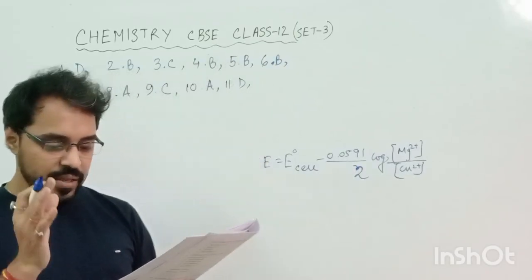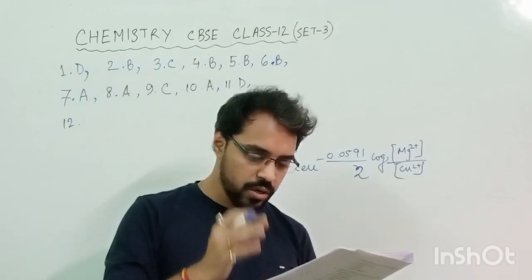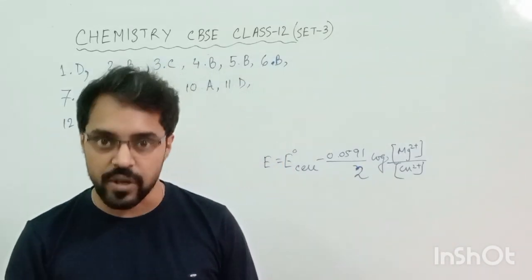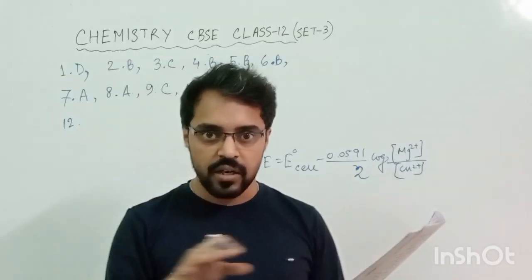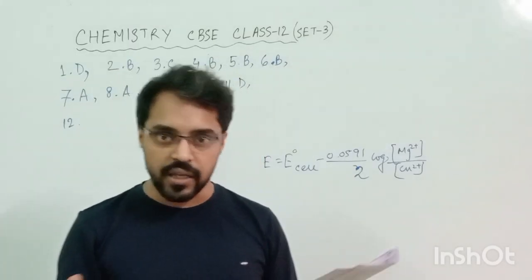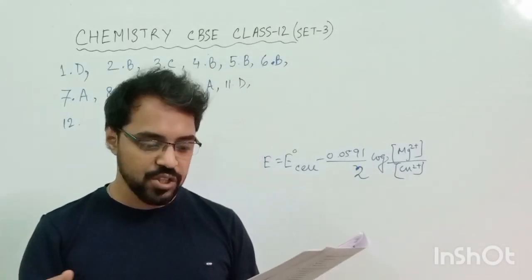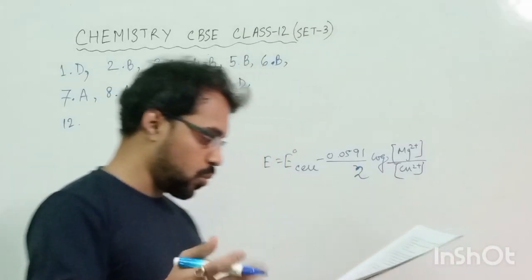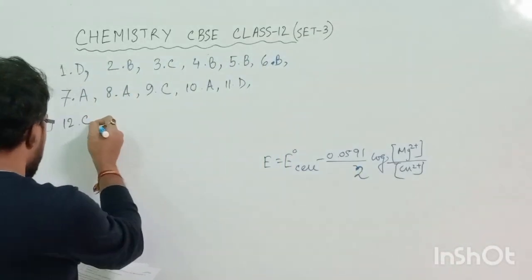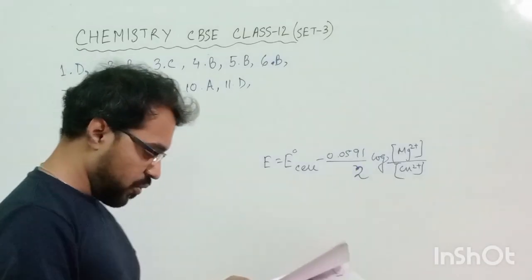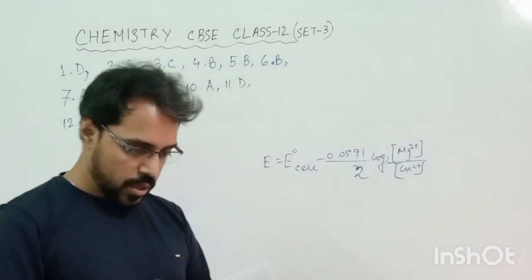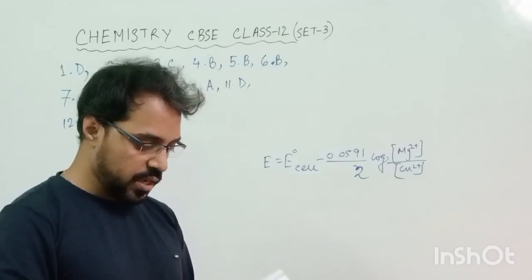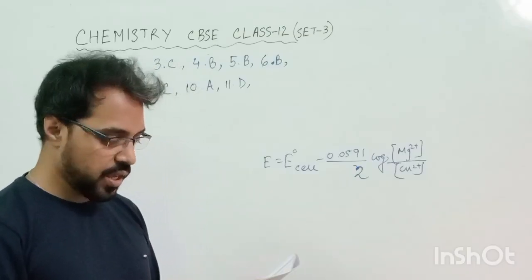So in weakly basic medium, the product will be para-hydroxyazobenzene, that is the orange colored dye. There will be a coupling reaction and we will have an orange colored dye, right? So it is 12C.